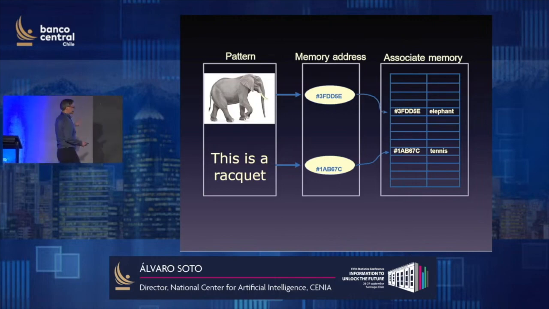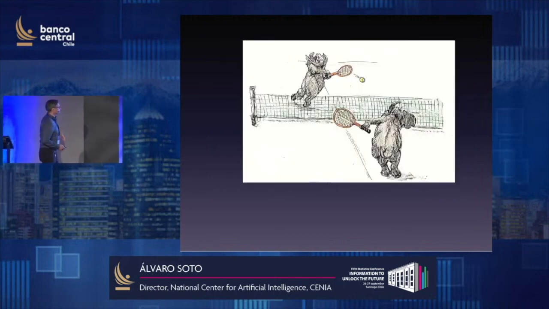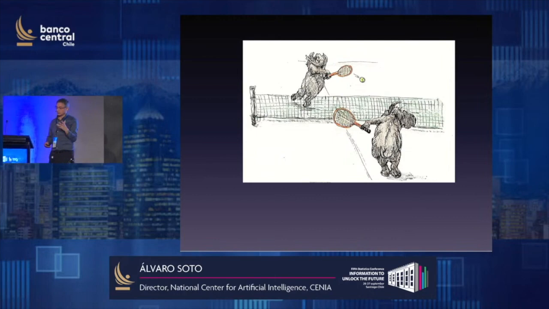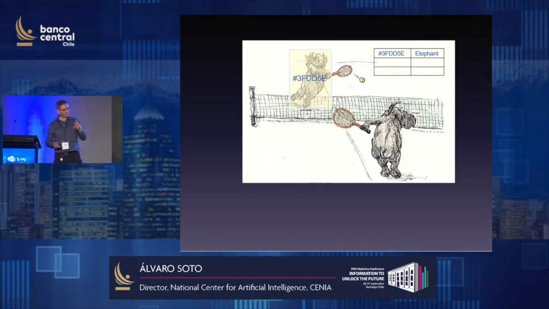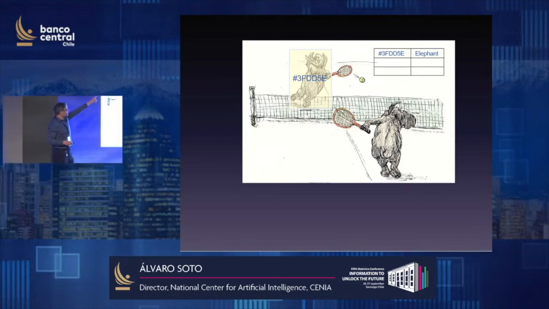And this is very powerful, because if you are seeing the world, what you see there is really a memory address. Humans also seem to work in the same way for our pattern recognition abilities. We are kind of seeing memory addresses everywhere, and the memory address has a straight connection to the information about that pattern.